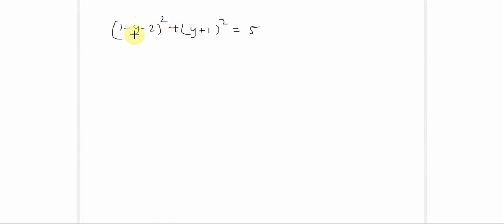Now minus y minus 1 whole square is the same as y plus 1 whole square, so this will become 2 times y plus 1 whole square equal to 5, which implies y plus 1 equals plus or minus root 5 by 2.